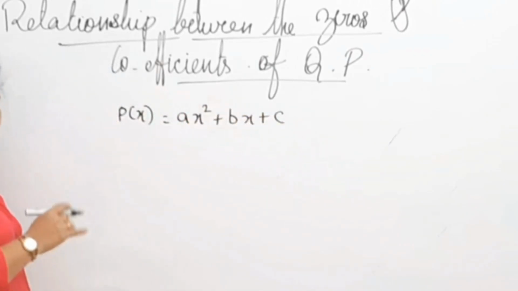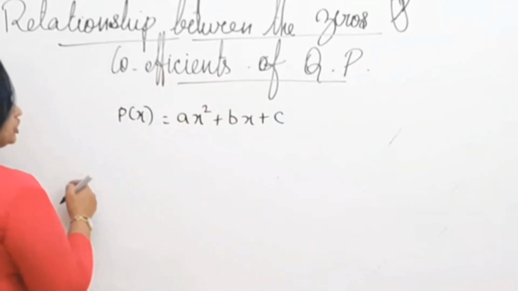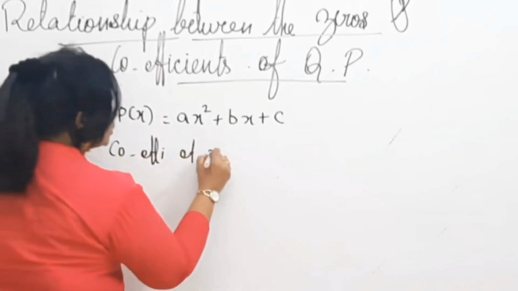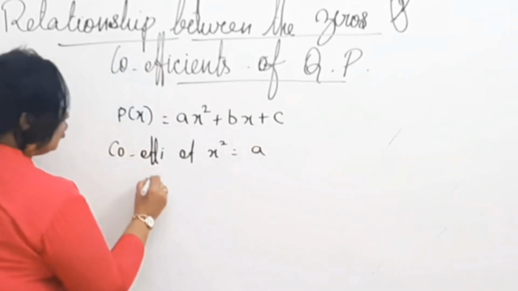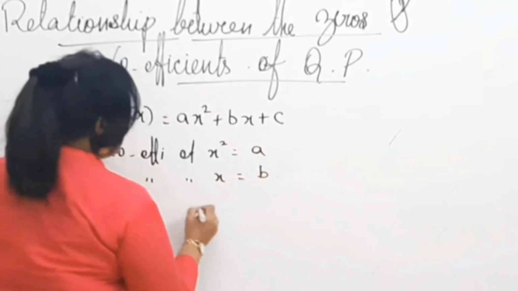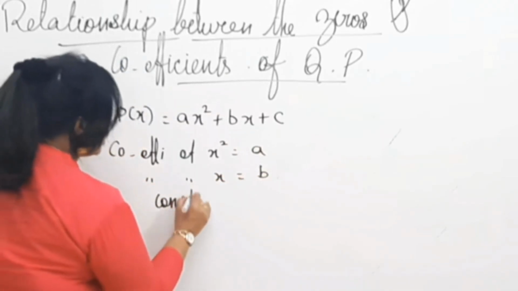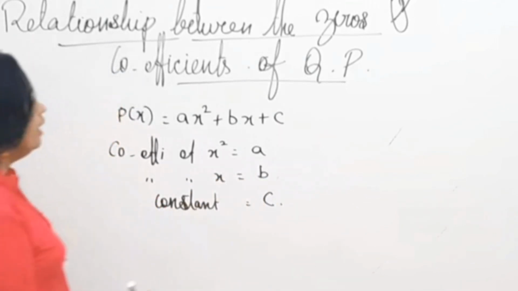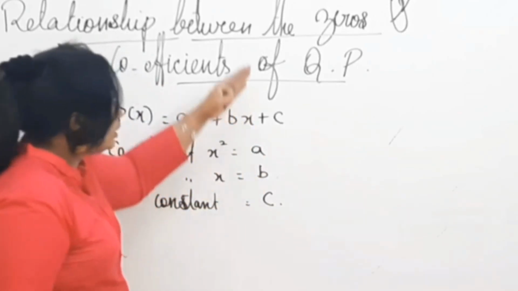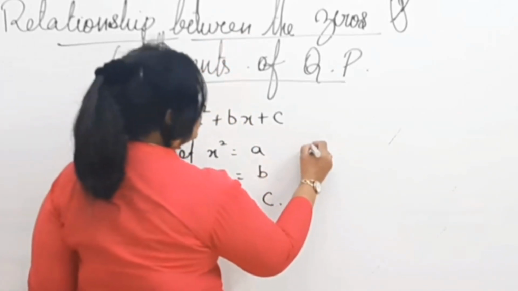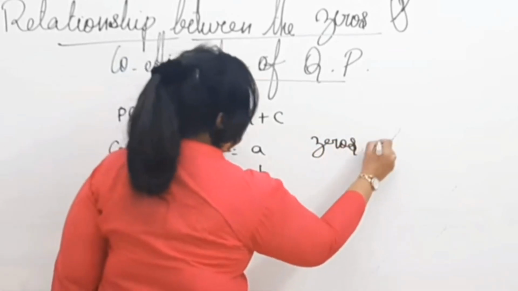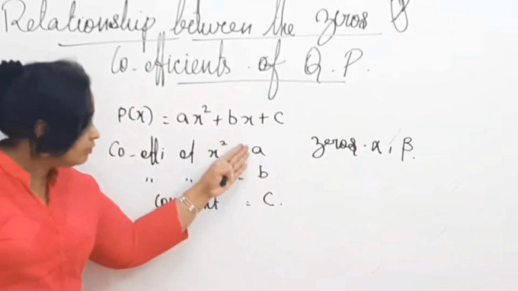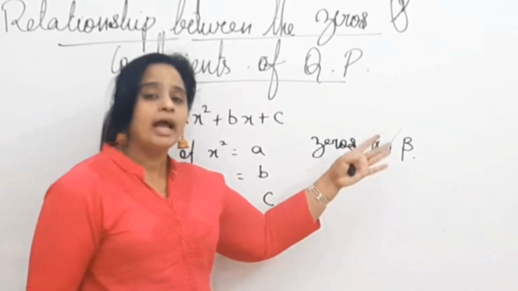Now, the coefficient of x square is a, the coefficient of x is b, and the constant term, which is not a coefficient, is c. Now we will find the relationship between these coefficients and the zeros. You know that alpha and beta are the zeros. So, what is the relation between a, b, c and alpha and beta?